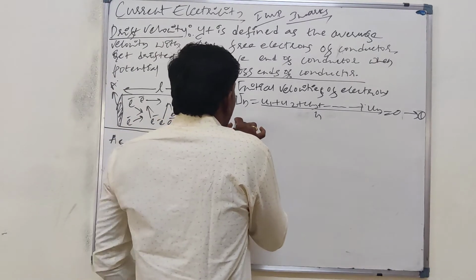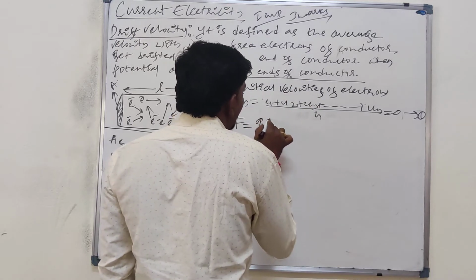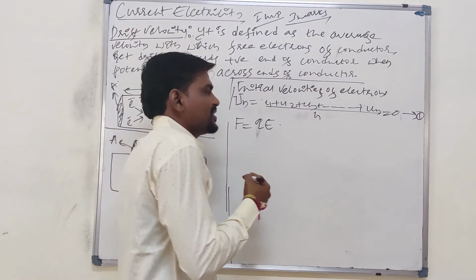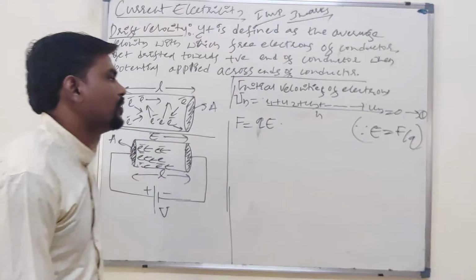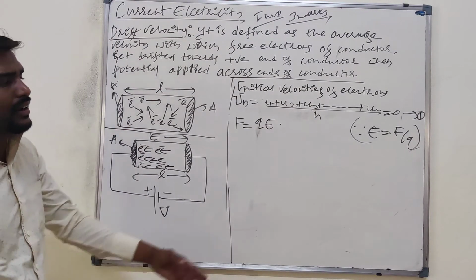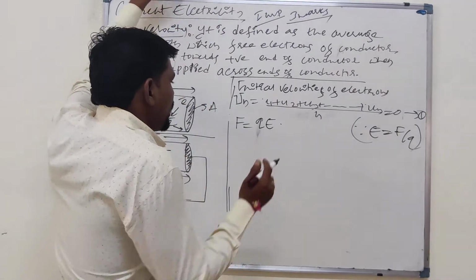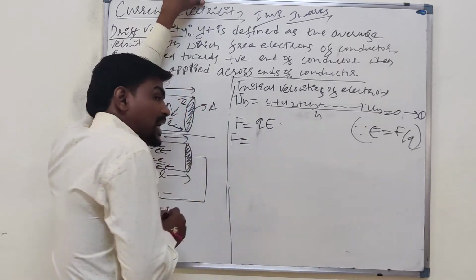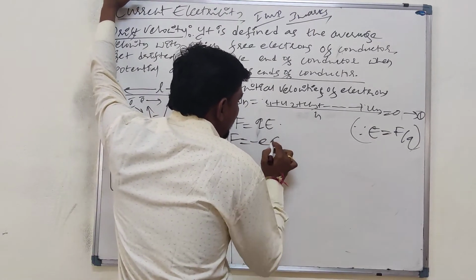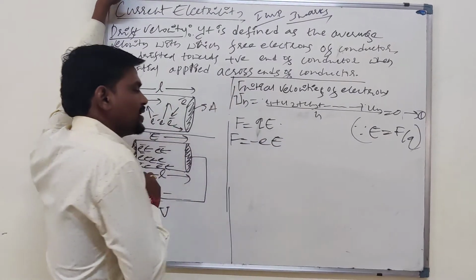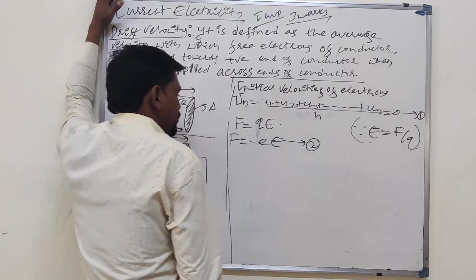So that force is F is equal to Q into E. Then E is equal to F divided by Q. Electric field is equal to force divided by charge. Now see here, F is equal to Q times E, and the charge is negative, the electronic charge. So I have taken F equal to minus e E, right. Call this equation number 2.